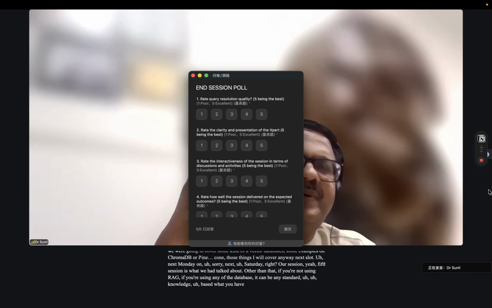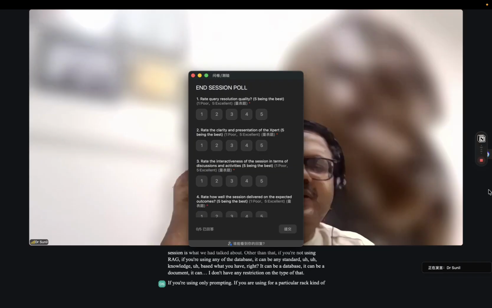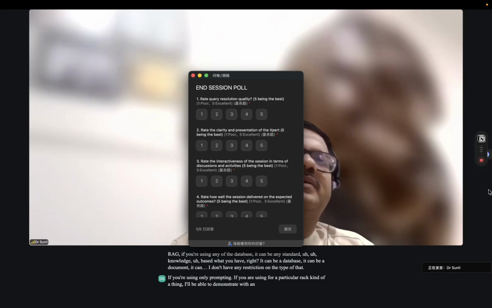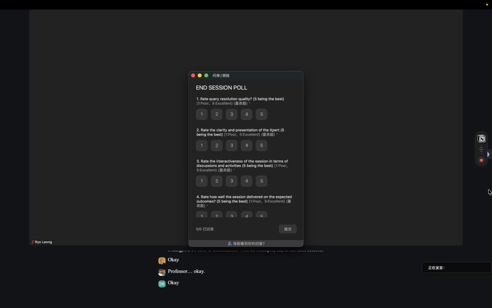It can be a database, it can be a document. I don't have any restriction on the type. If you are using only prompting, or using something for a particular RAG kind of thing, I'll be able to demonstrate with an example in the next session. Okay, Professor.